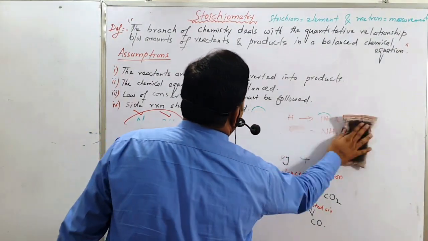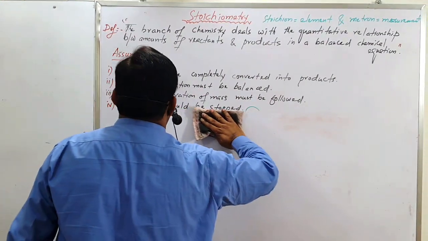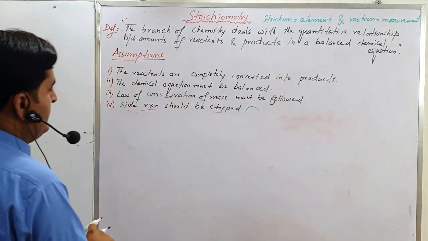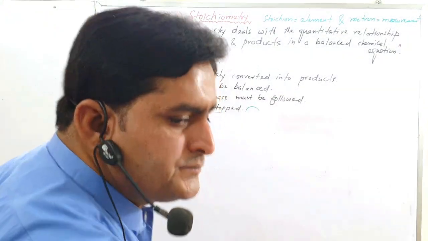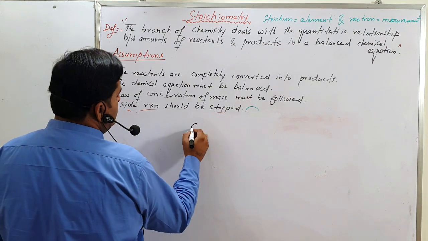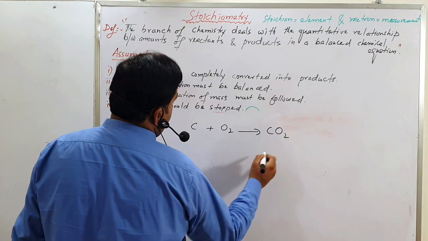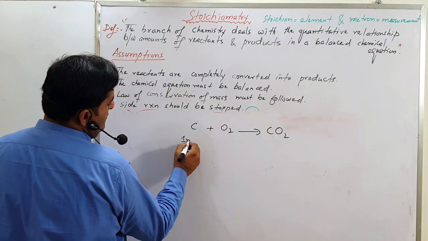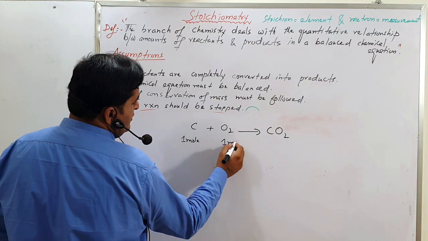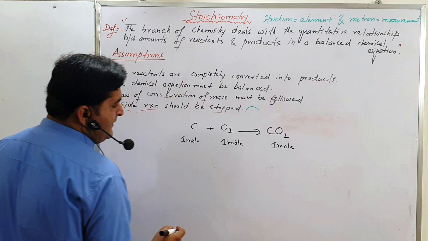Now we will turn towards the definition of stoichiometry, what it explains. Consider a simple example: carbon plus oxygen gives carbon dioxide. 1 mole of carbon is involved, 1 mole of oxygen is involved, and 1 mole of carbon dioxide is formed.